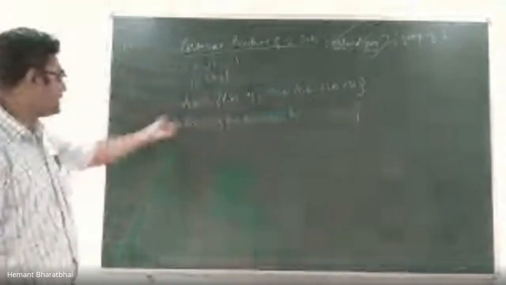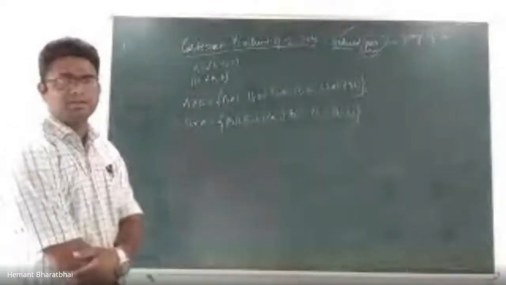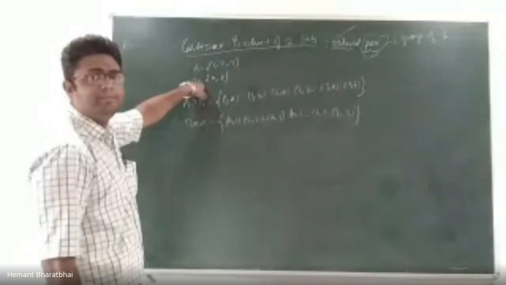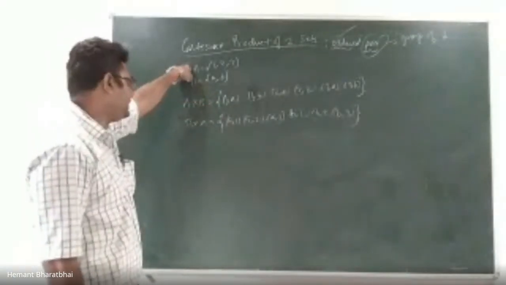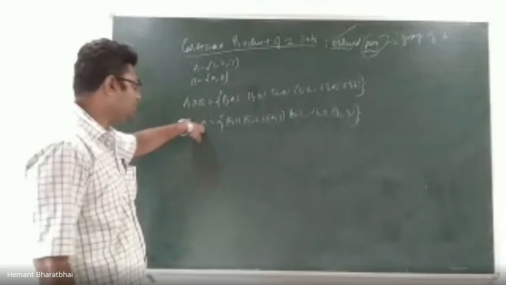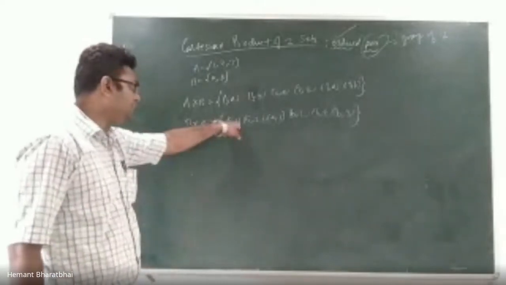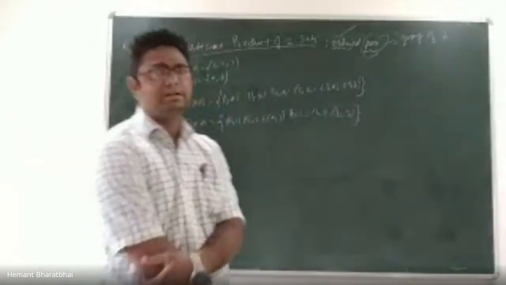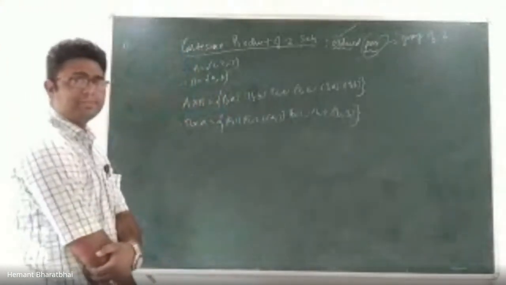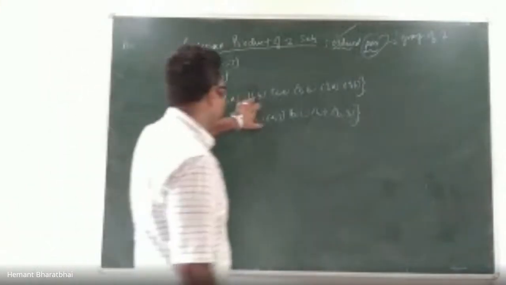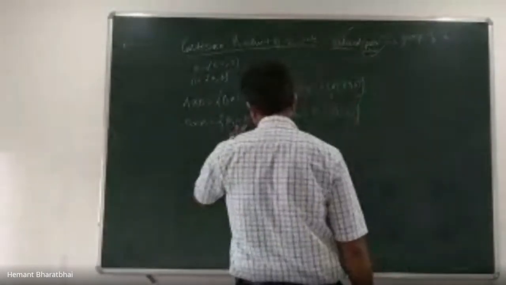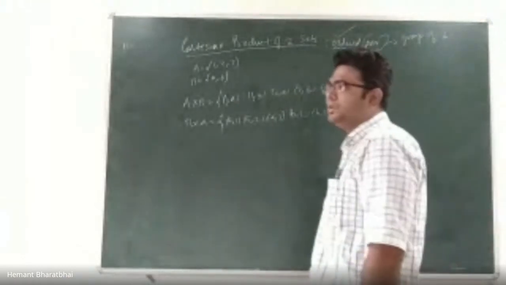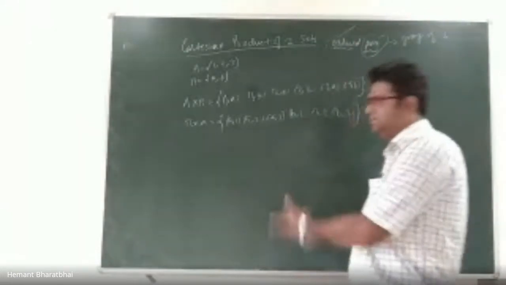So this is the Cartesian product of B with A, that is B cross A. The order was first to write the elements of B and then the elements of A, because I have written B cross A. I hope you have understood A cross B, B cross A. Now how many elements are there? 1, 2, 3, 4, 5, 6. Here also 1, 2, 3, 4, 5, 6. Does it have to be the same? Only the order is changed, so the number of elements has to be the same.